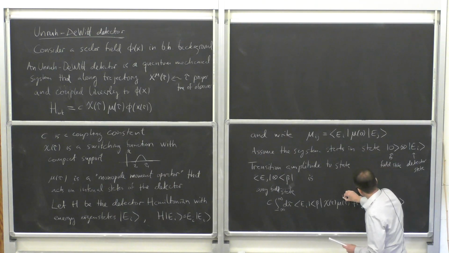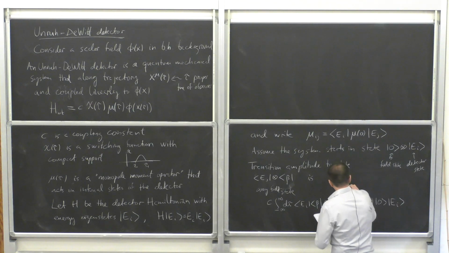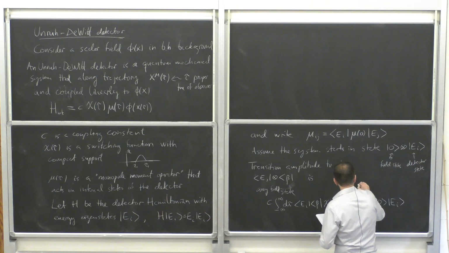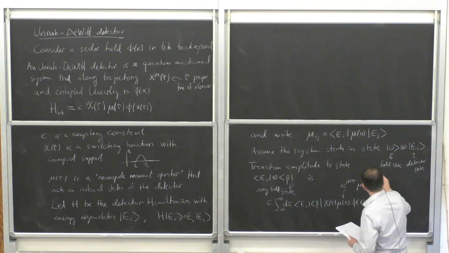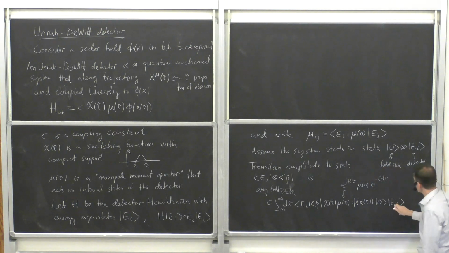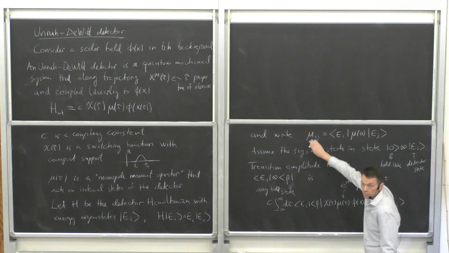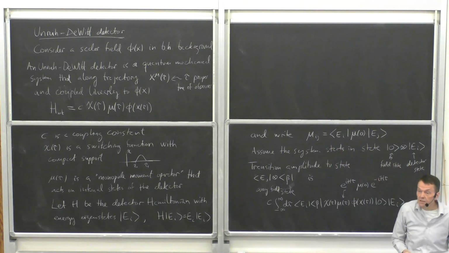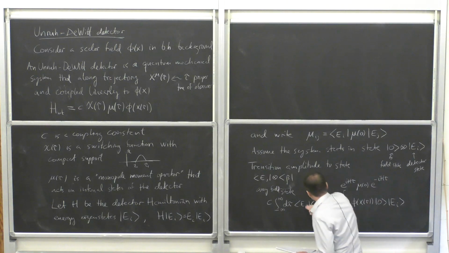And this I can write as e to the iH tau mu of 0, e to the minus iH tau. And since these are energy eigenstates, I can commute them through, and so I'll pick up just my matrix elements, mu ij, yes? Say again. That should be EJ, yes, thank you.